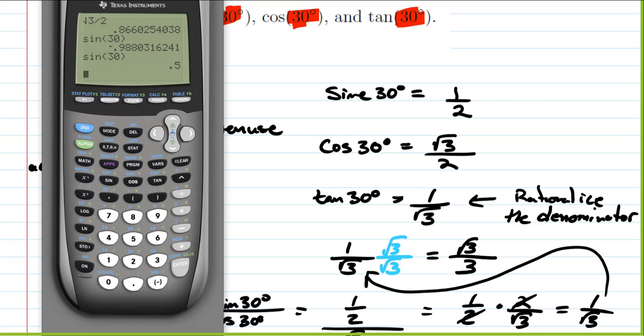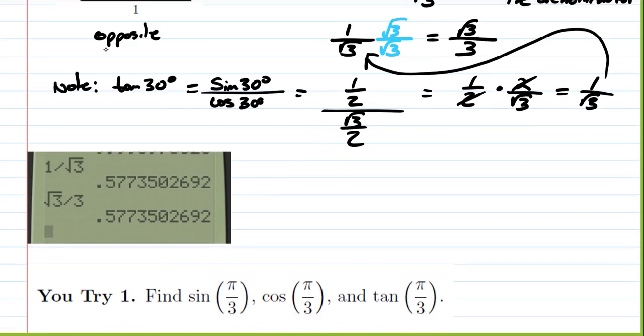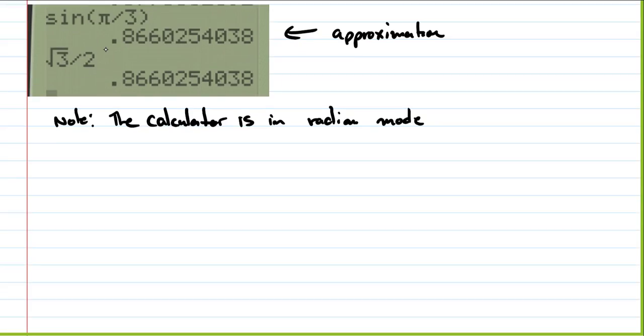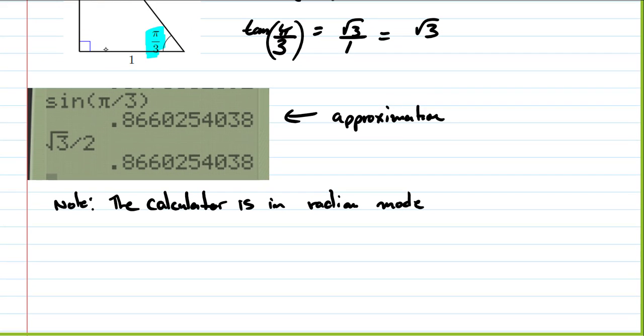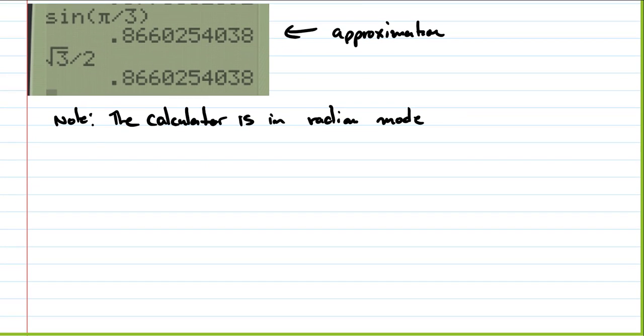If you're doing computations in radians, you need to have your calculator in radian mode. Or, as we just saw here, it will give you the wrong number if you're not in the right mode. So if you keep missing a problem when you're putting it into your calculator, that would be the first thing that I would check. Make sure your calculator is in the right mode.